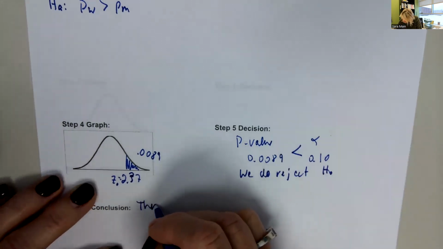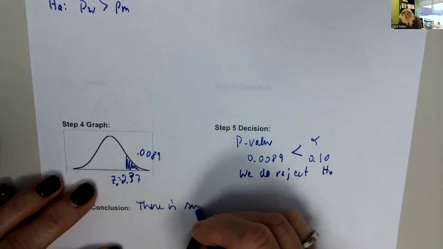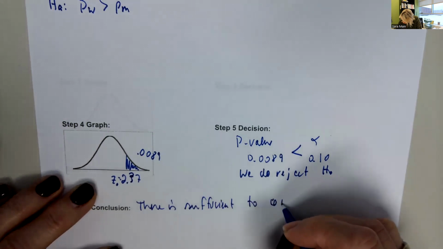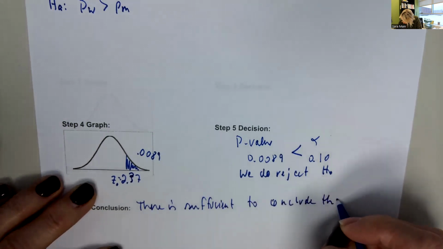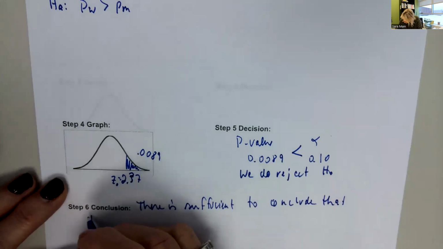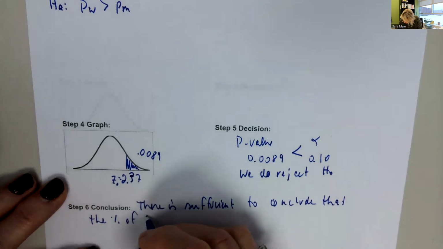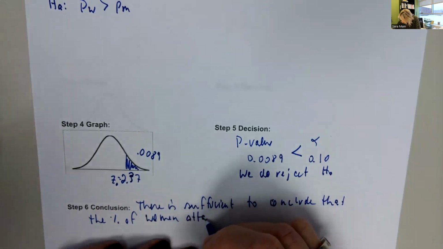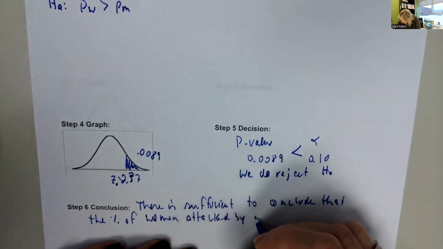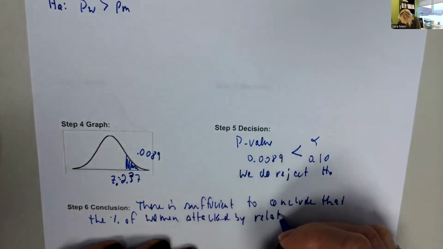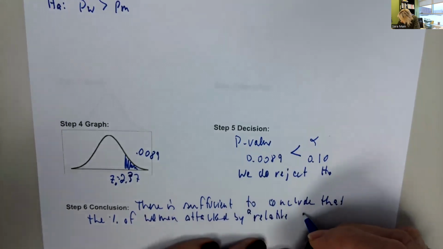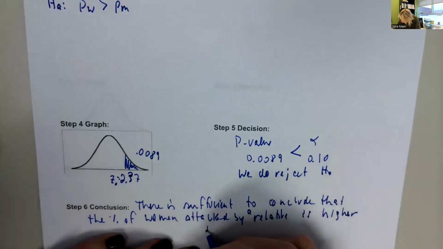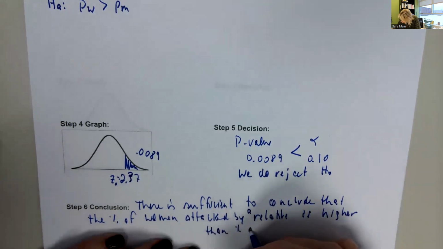So there is sufficient evidence to conclude that the percent of women attacked by relatives is higher than percent of men.